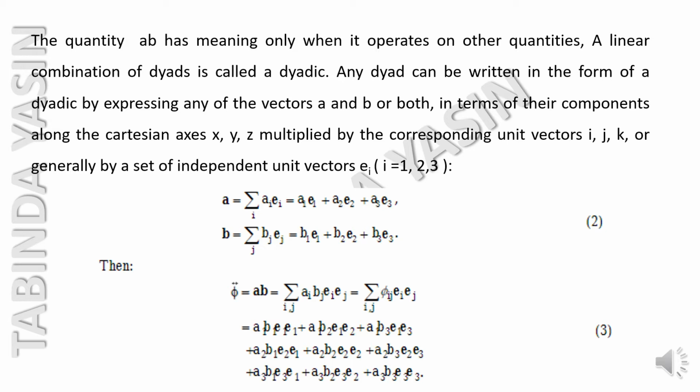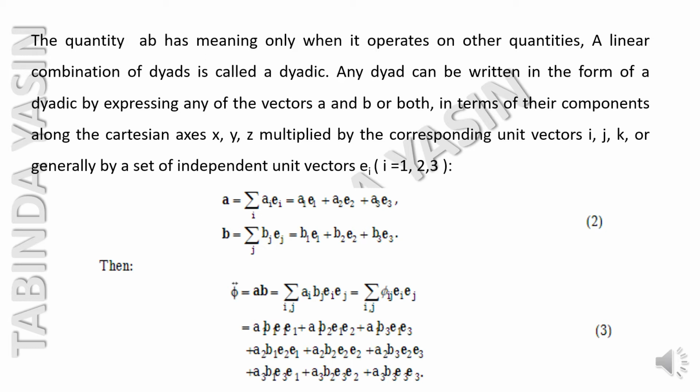So we can write vector A as the summation over i of ai ei, that is a1 e1 plus a2 e2 plus a3 e3 for the three Cartesian coordinates with their unit vectors. For vector B, that is the summation over j of bj ej, which for the three Cartesian coordinates is b1 e1 plus b2 e2 plus b3 e3.